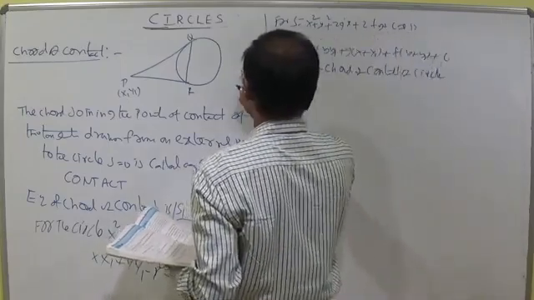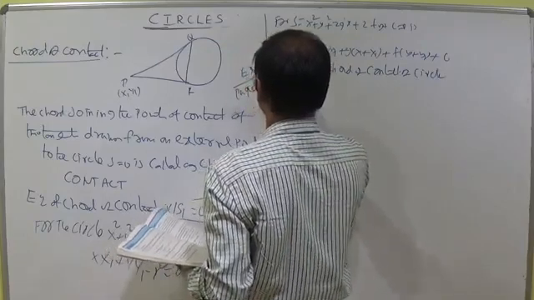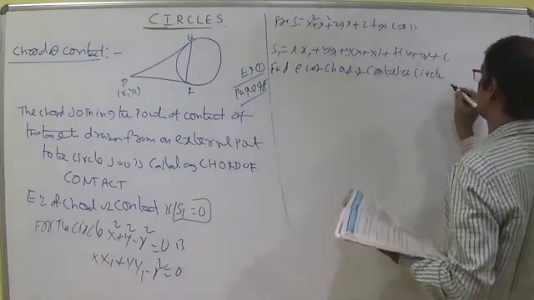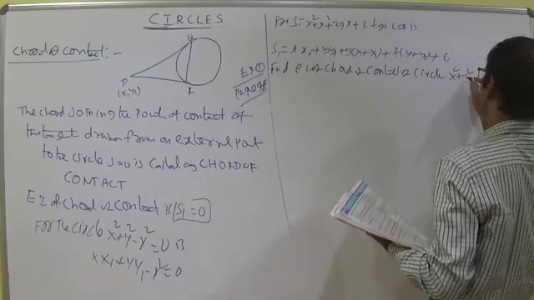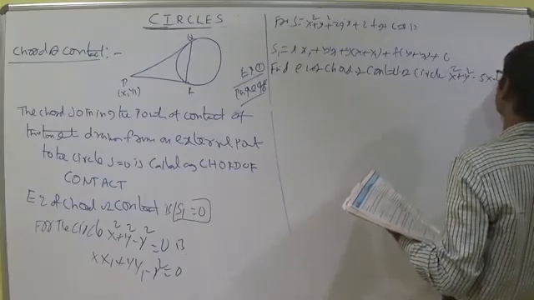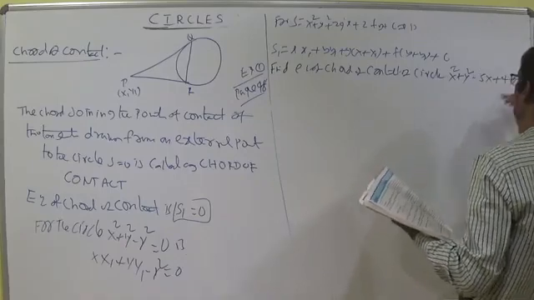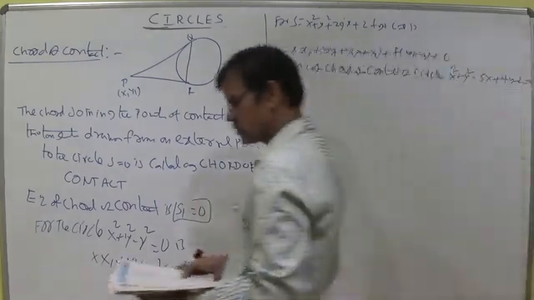Example 1, page 48. Find the equation of chord of contact with respect to the circle x square plus y square minus 5x plus 4y minus 2 equal to 0.